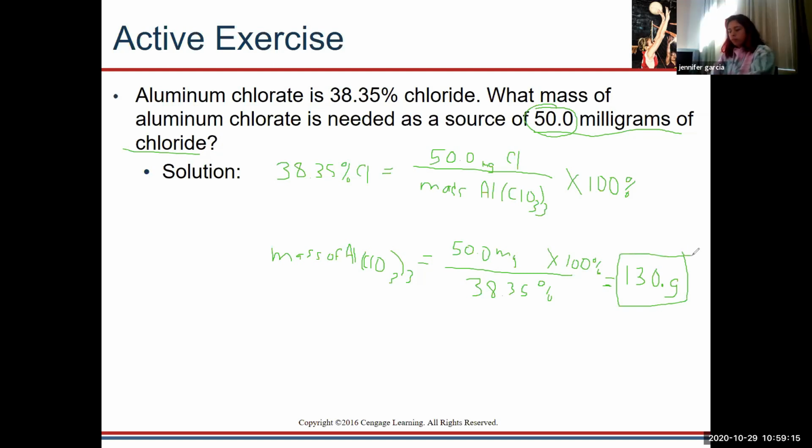Okay, piece of cake. Why is it not milligrams? Oh, thank you. See, you guys are keeping me on my toes.